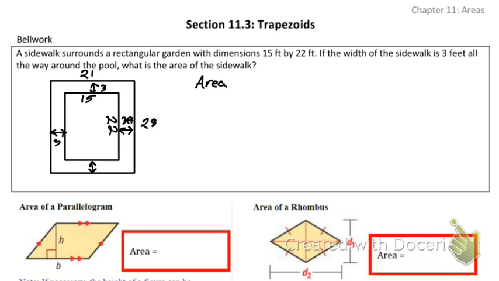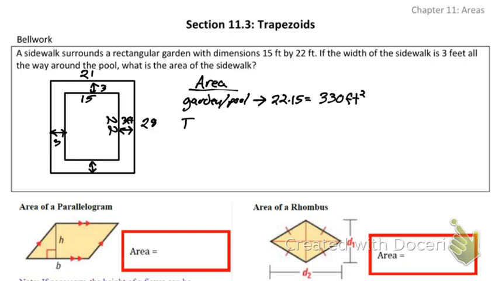We need to subtract those to get the total area of our sidewalk. So I'm going to have an area section. Our garden pool, the area of that is going to be 22 times 15, which equals 330 feet squared.